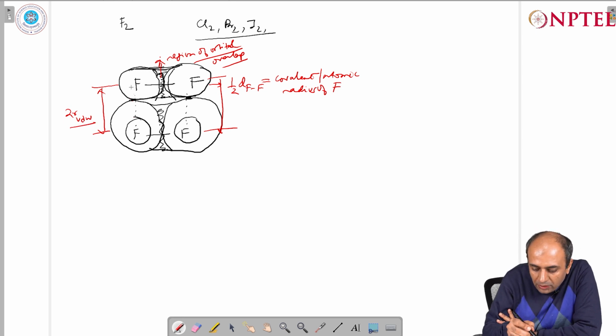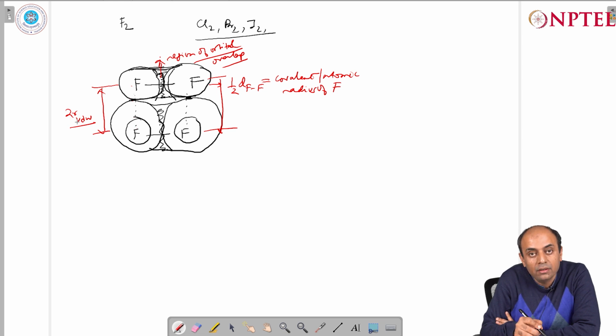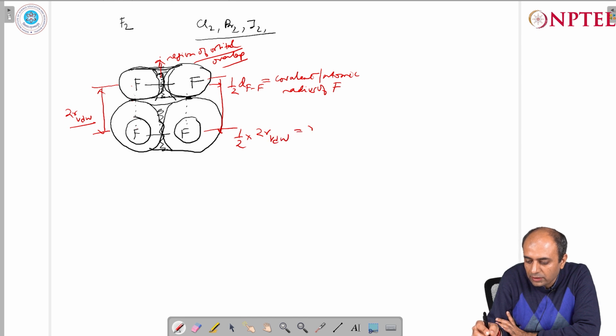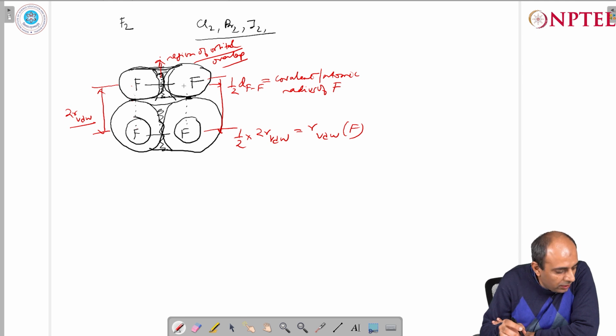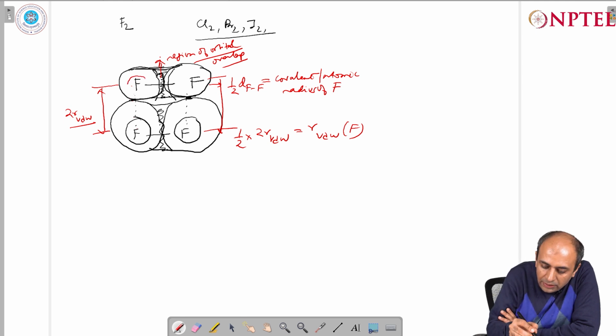So if you know this distance, which is the separation between the two fluorine nuclei, you will know exactly the magnitude of twice the van der Waals radius of fluorine, and half of that will give the van der Waals radius of the fluorine atom. So this picture nicely depicts that you have extensive orbital overlap which forms the traditional covalent bond, and you can also represent here the inner core of electrons.